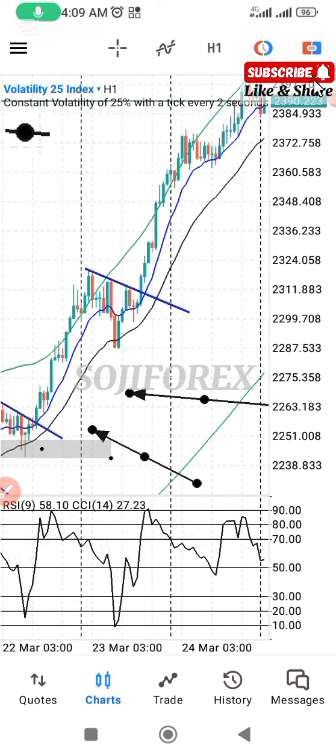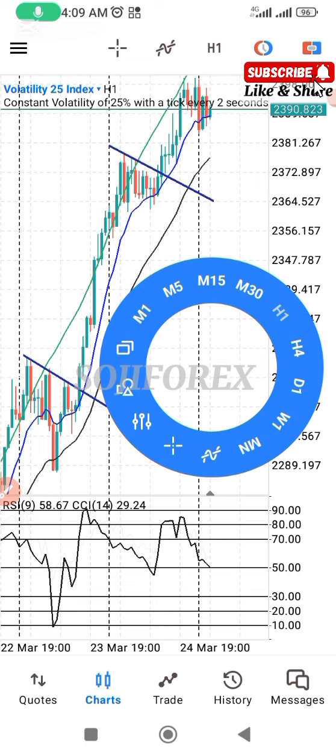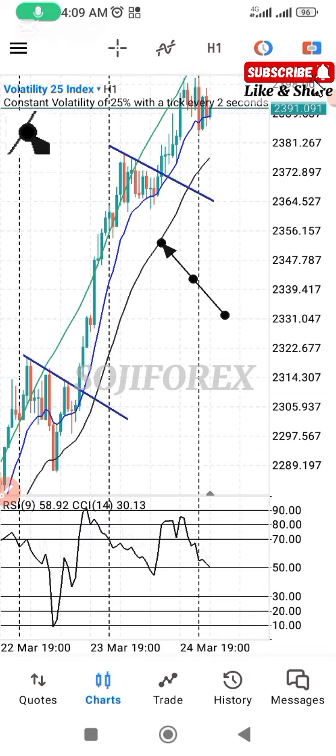So here is another one, and here we have this. So price will always pull back to our moving average, and upon that pullback, you wait for a break of price out of that trend line, and then you make your entry.